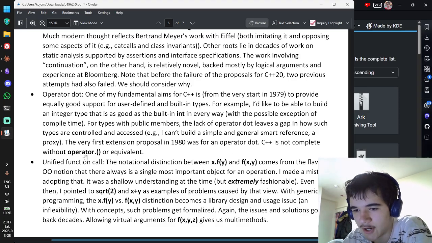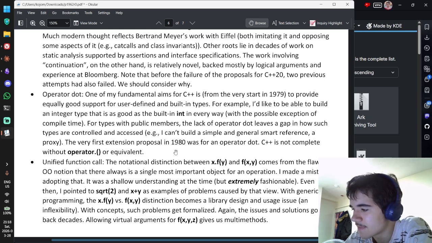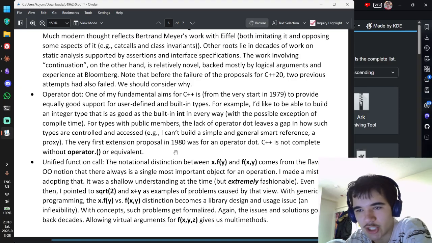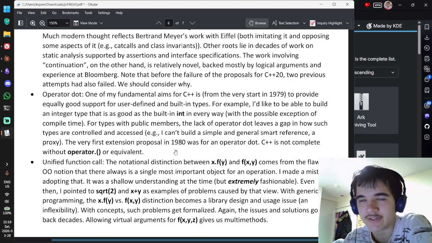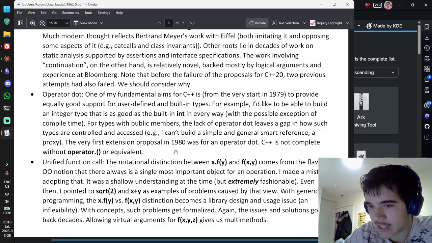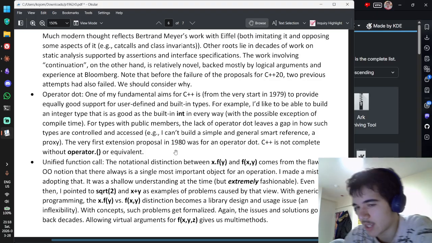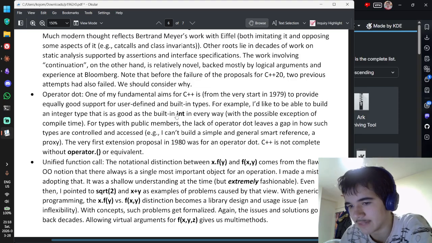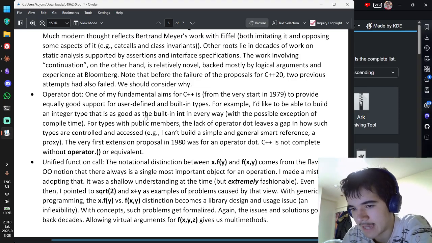Instead of making operator dot specific to classes or structs, just make it global, or at least consider what if it was a global feature. Or if you do make it class-specific, then keep it atomic, so that as a language designer you could change it down the line. I don't know what C++ can do now, but that's what I want to see.